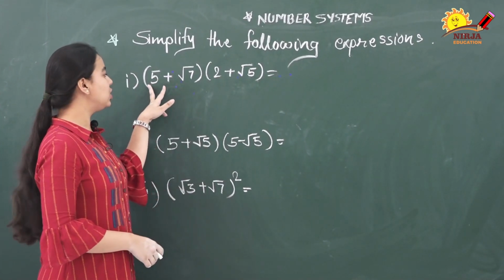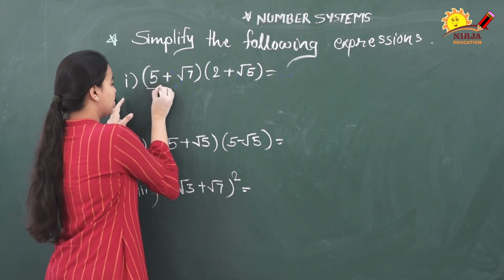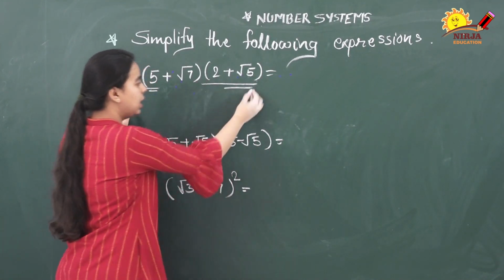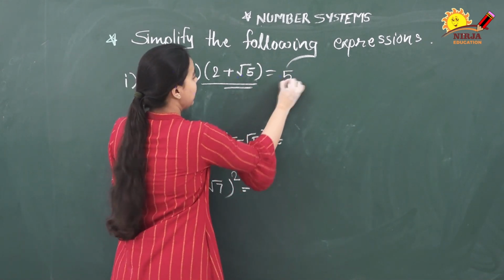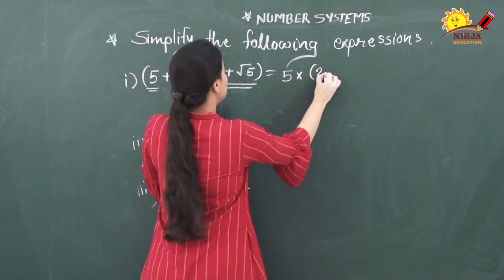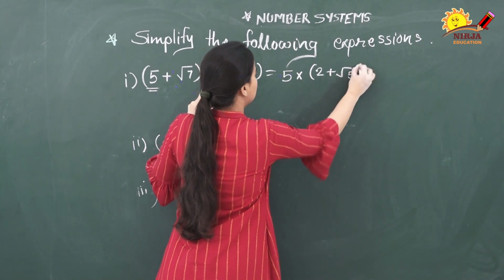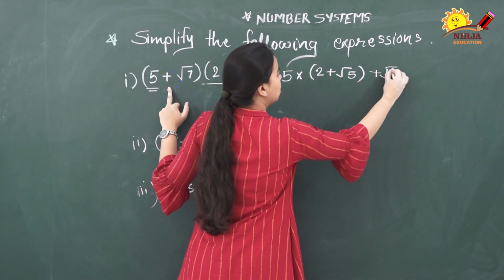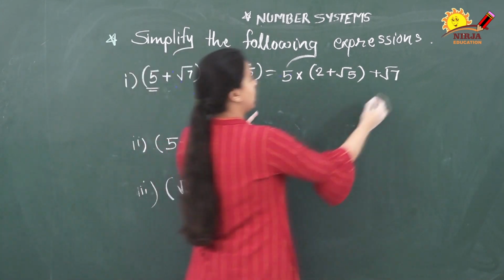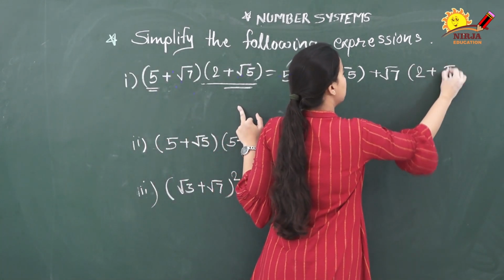So here we are going to multiply first 5 with the whole term, and then √7 with the whole term. Let's do 5 multiplied by (2 + √5) plus √7 multiplied by (2 + √5).